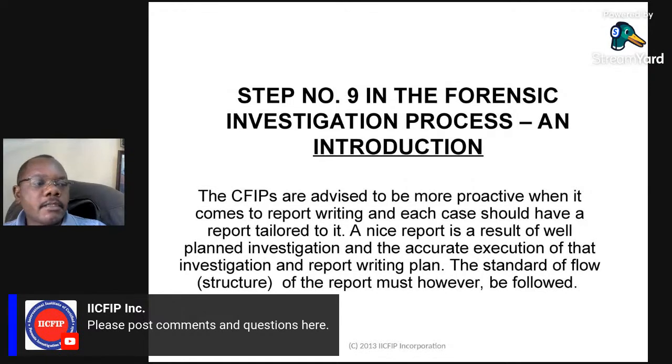Some cases will be biased towards digital forensics. Some cases will be on money laundering. Some cases will be on various areas, and even including violent crime, because CFIPs are trained to handle both the financial and violent crimes.